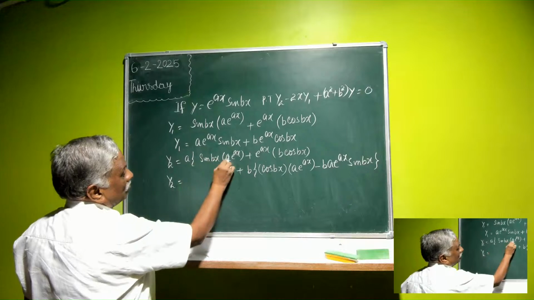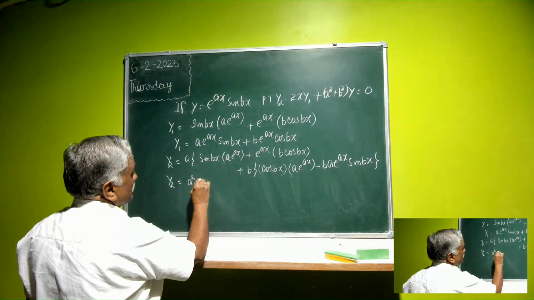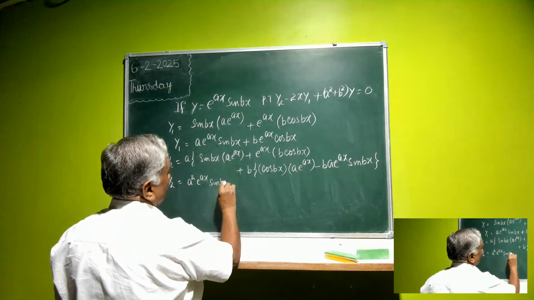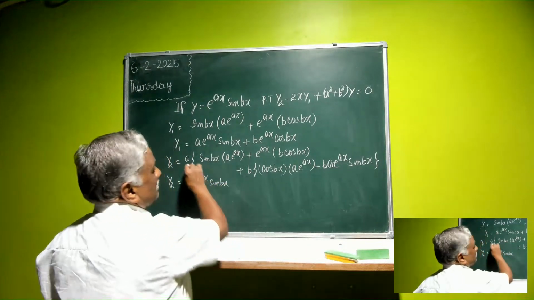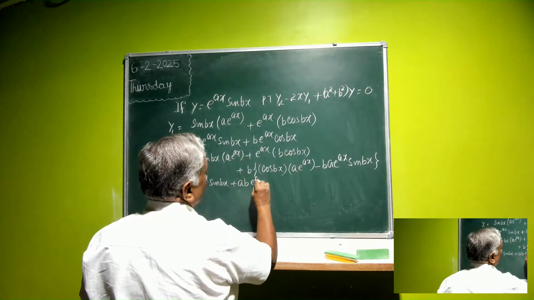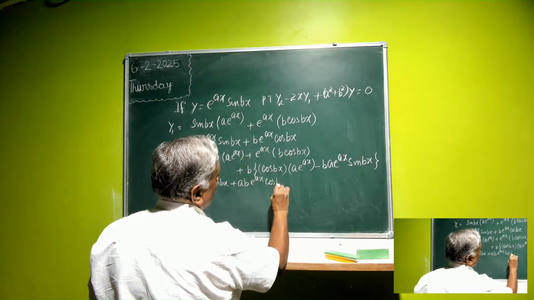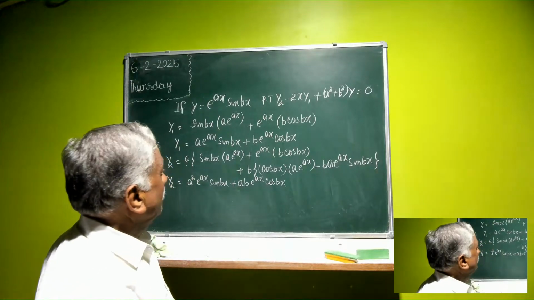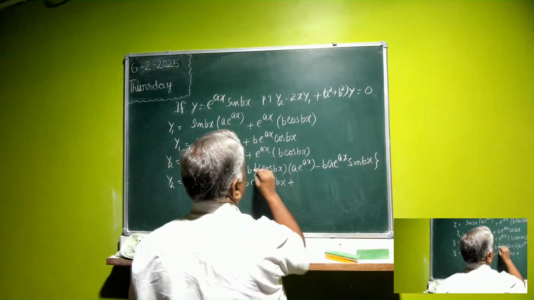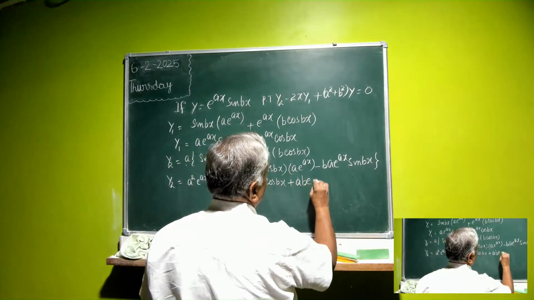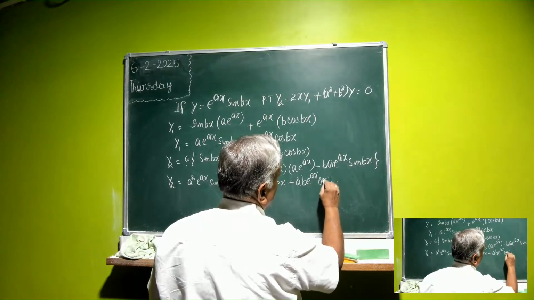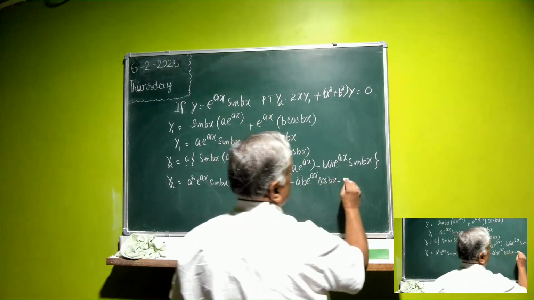y2 is equal to a square e power ax sin bx, plus a into b, ab e power ax cos bx, plus a into b, ab e power ax cos bx, minus b square.